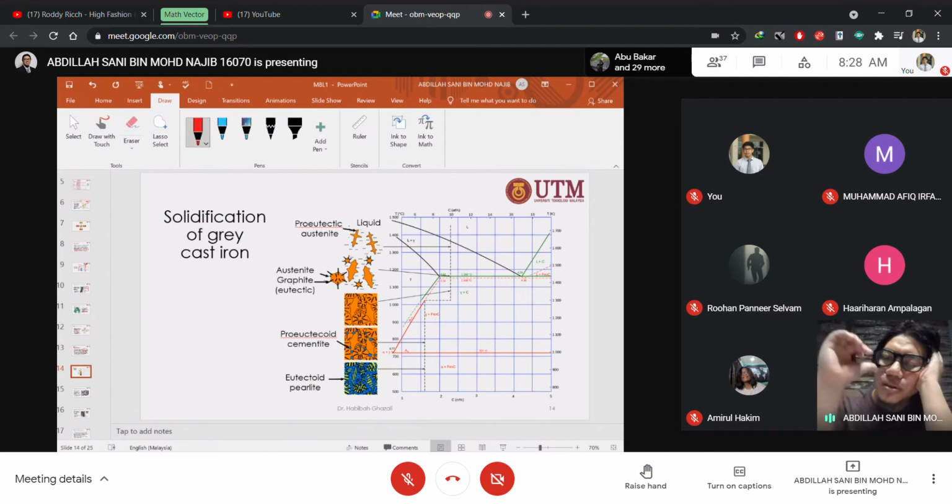Okay, so we take a look at the solidification of gray cast iron. So we have the composition of this one around 2.3.